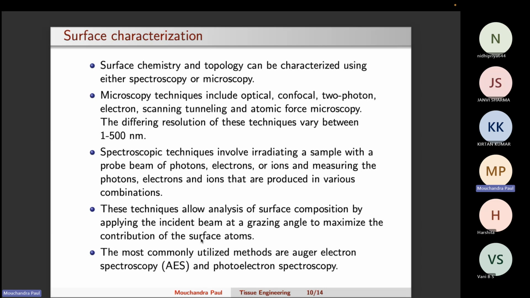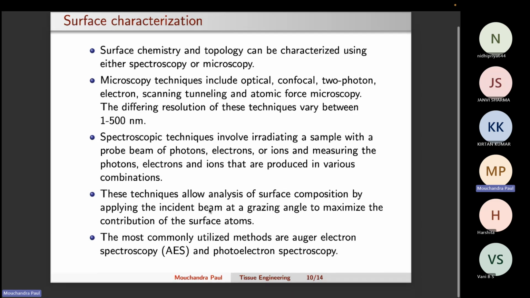You have to cover maximum area. Then only you can say with confidence that these kinds of functional groups or atoms are present onto your surface.